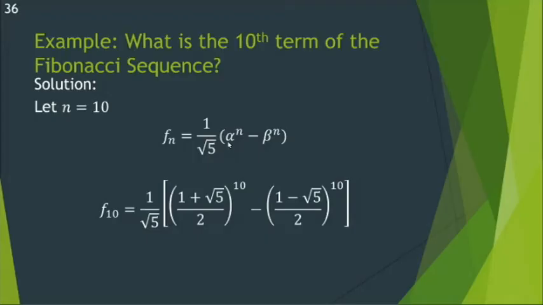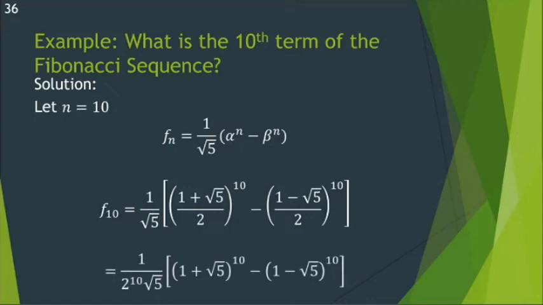So, kung isa-substitute natin yung alpha, which is (1 plus square root of 5) over 2, and yung n natin is 10, so kung pang ilang hinahanap natin number, minus yung beta raised to 10. So, we can expand this by using calculators. We can just find the answer. Okay. So, ang ginawa ko dito is, nilabas ko na yung denominator 2 raised to 10. Okay. Para ma-simplify natin.